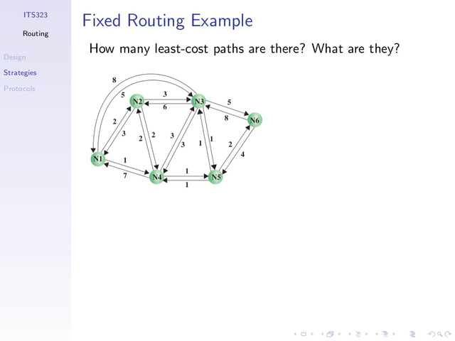This is a segment of the entire path, and if this is true, then it immediately implies that the least cost path from N4 to N6 is this segment. And similarly, from N5 to N6 is N5 direct to N6.